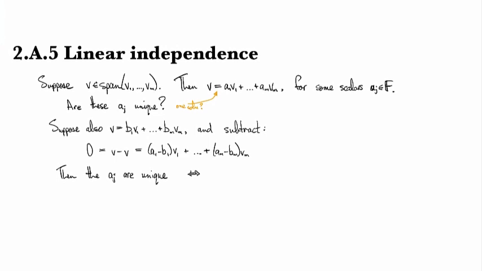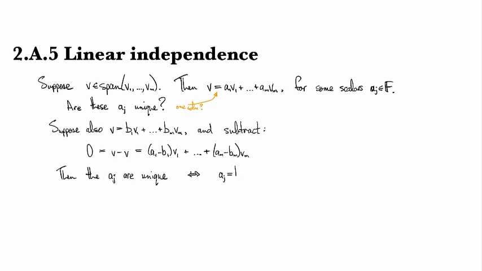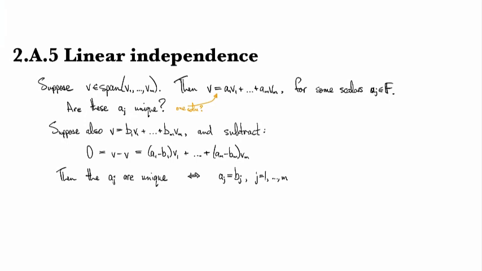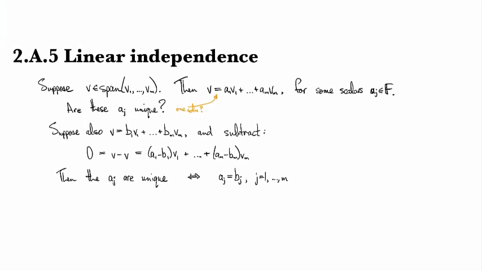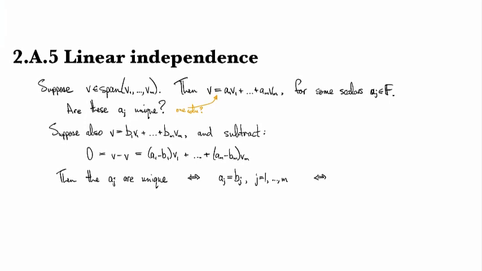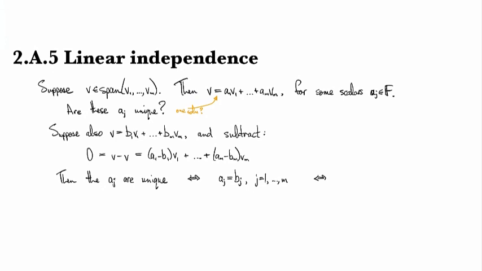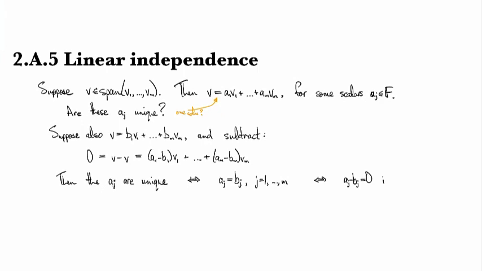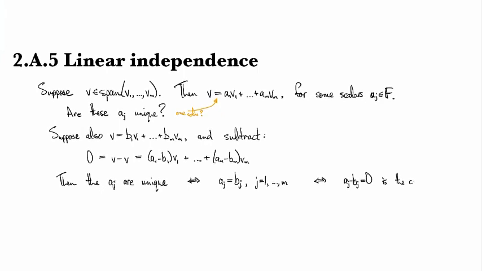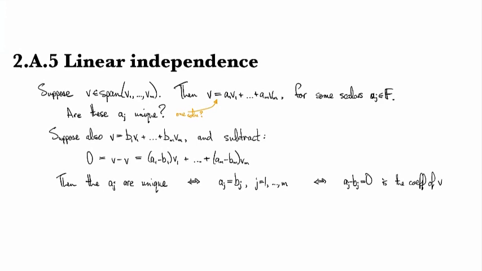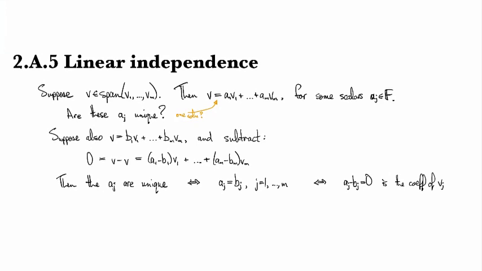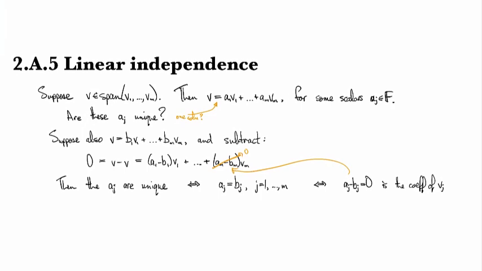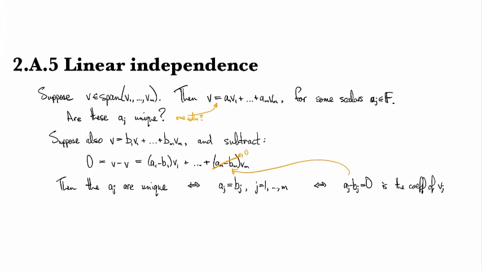So these are unique if and only if all those coefficients are equal, and those coefficients are all going to be equal if and only if each of these is 0, right? So that's the idea.